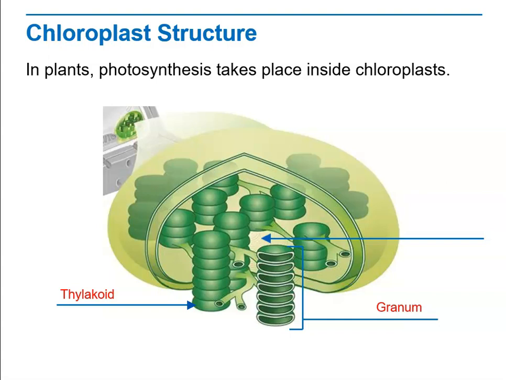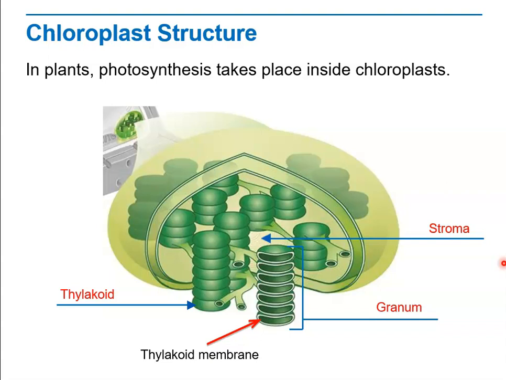Pigments such as chlorophyll are located in the thylakoid membranes. The membrane is the outer structure of the thylakoid, the part that you see here at the outline, the sac. So there's an inner part of the thylakoid, and then there's the membrane that goes around the thylakoid. Chlorophyll is located in the thylakoid membrane. The fluid portion of the chloroplast outside the thylakoids is known as the stroma.